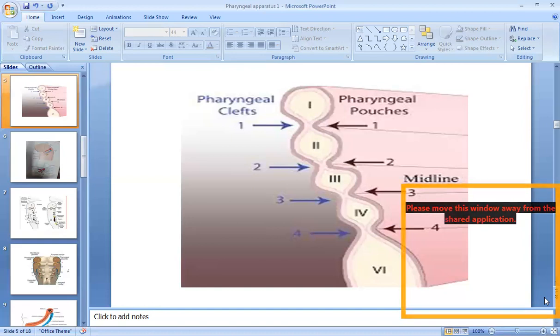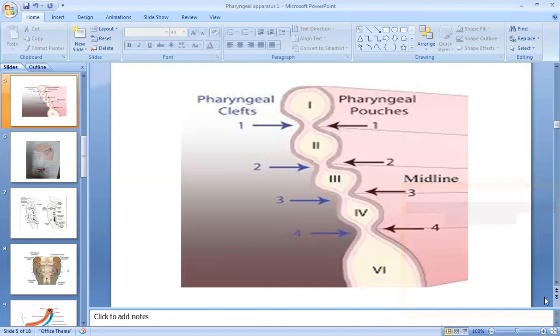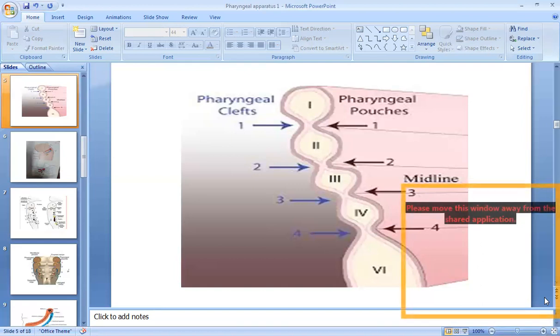In this way, because of these 2 furrows going towards each other, they differentiate this mesenchyme into different bars. So we can say that the pharyngeal arches are the bars of mesodermal tissue. They are lined from outside by the ectoderm in the form of the pharyngeal clefts and lined by the endodermal layer in the form of pharyngeal pouches. So this is called the pharyngeal apparatus.